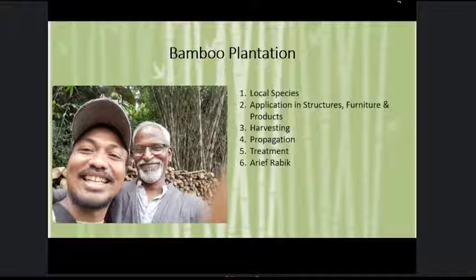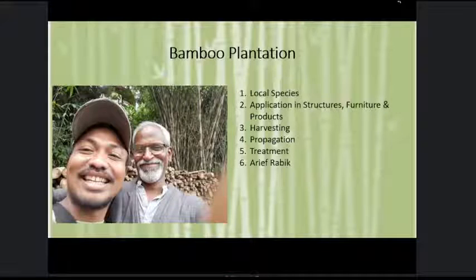From age 4 to 5, when it is fully grown, you can start harvesting, and every year you get a new shoot. So you decide which one to harvest. We were taught, and we actually harvested bamboo for our projects.